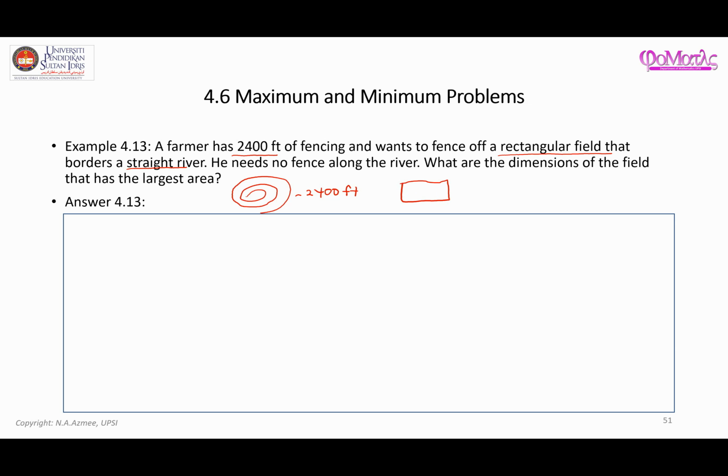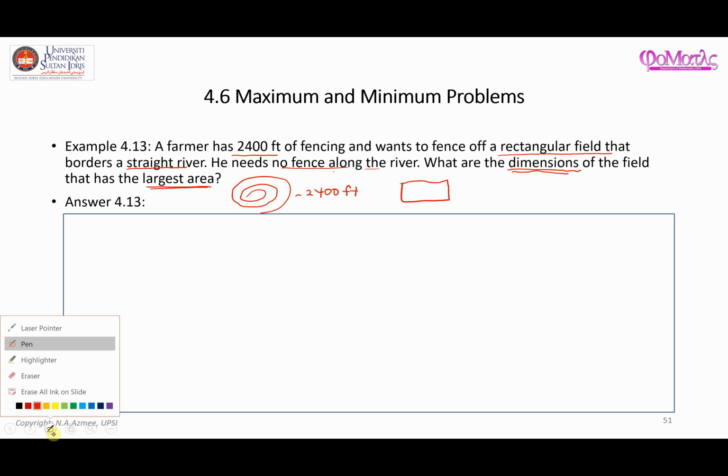And then if you go on and read the next sentence, he needs no fence along the river. That means there is no fence along the river. So what are the dimensions of the field that has the largest area? So the interest is to find the largest area, and what are the dimensions that will give the largest area.